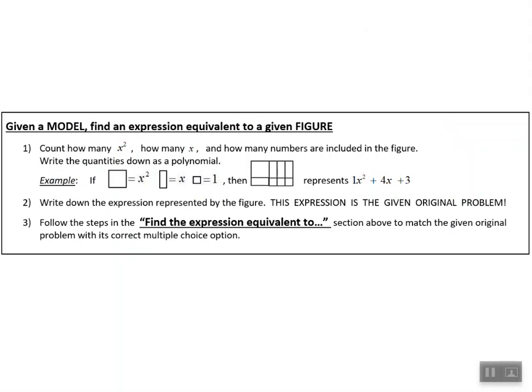For example, if a big square is equal to x squared, a rectangle is equal to x, and a little square is equal to 1, you can count up how many x squared, so how many big blocks, how many x's, how many rectangles, and how many 1's, the little squares, there are, and you can write out an expression. Then you can do what we just did to find the expression that is equivalent to the one represented by the blocks.